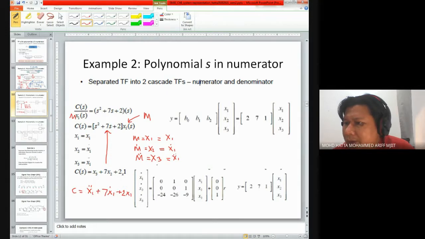Referring to this definition, we have x1 double dot is x3, or m double dot over here is x3, plus 7 x2 plus 2 x1. Maybe this equation is not quite right. This should be 2 x1.